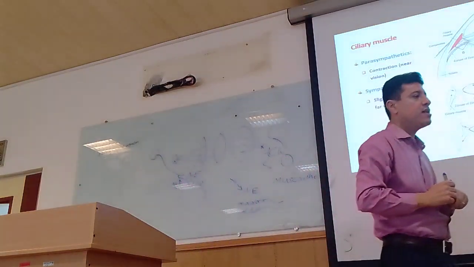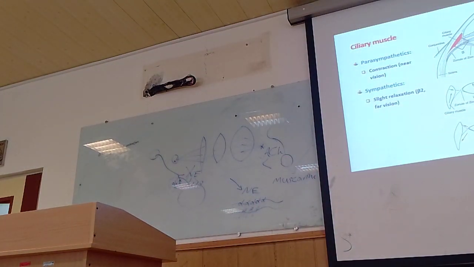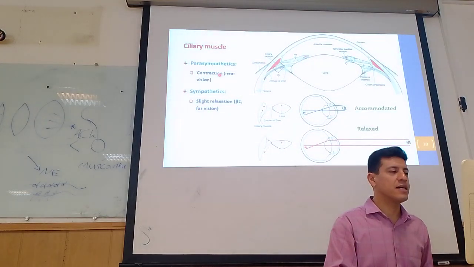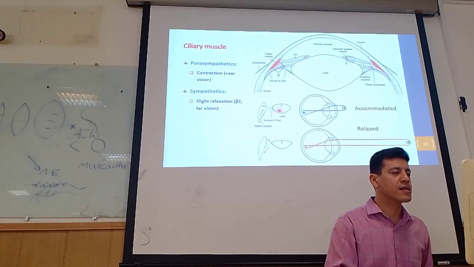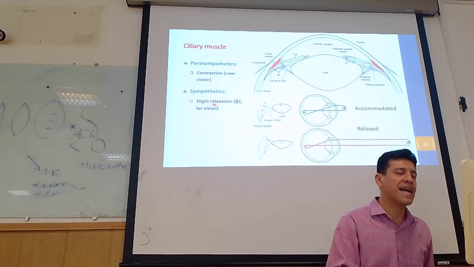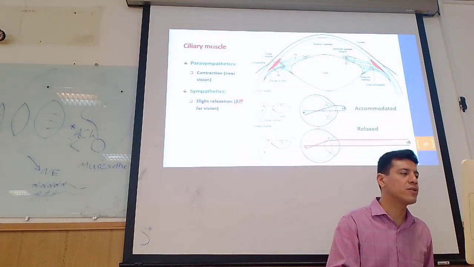So the ciliary muscle is activated by the parasympathetic nervous system. Contraction happens here, the lens becomes more convex, right? So this is good for near vision. When sympathetic fibers stimulate the ciliary muscle, there is a slight relaxation through beta 2. So the lens becomes more flat, right?